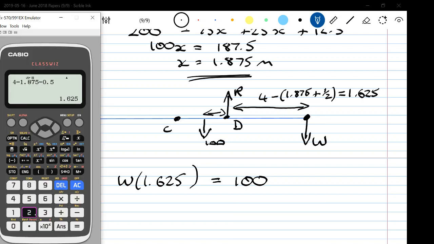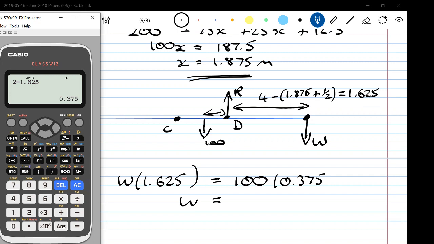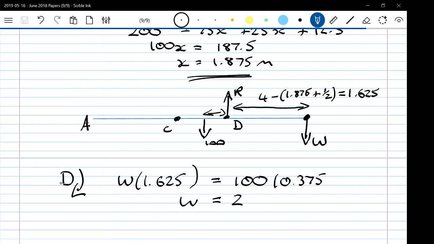So that remaining distance is 0.375. So the weight is equal to that times 100 divided by 1.625. And that gives me 23.1 newtons.